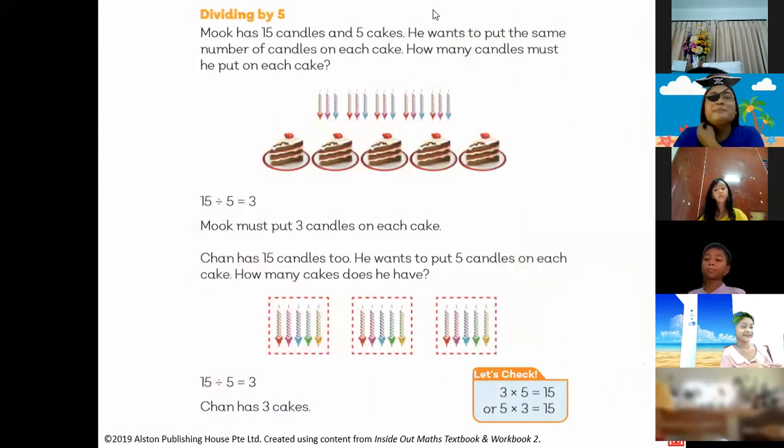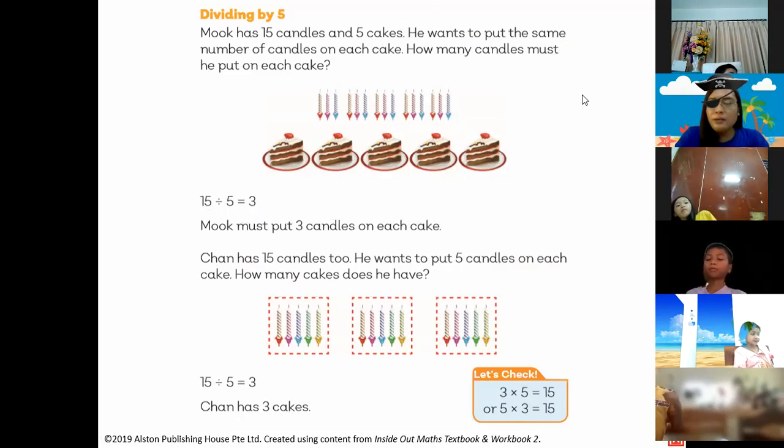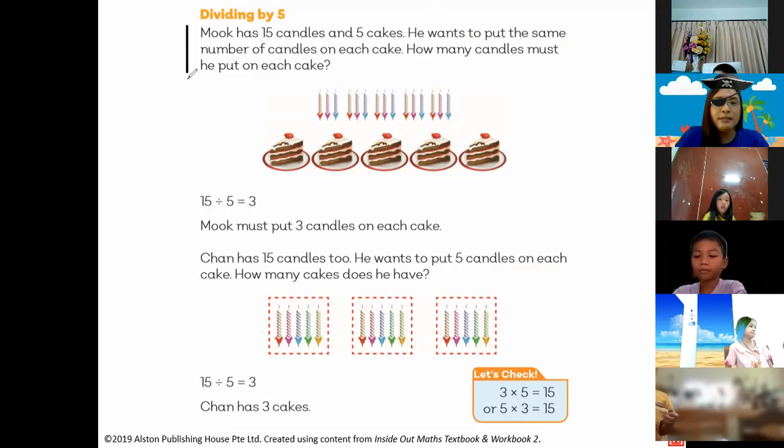Okay, here. Dividing numbers by 5. All right, so we have an example here. Let me call Bowie. Can you read this one?